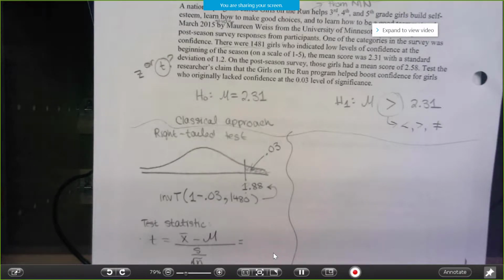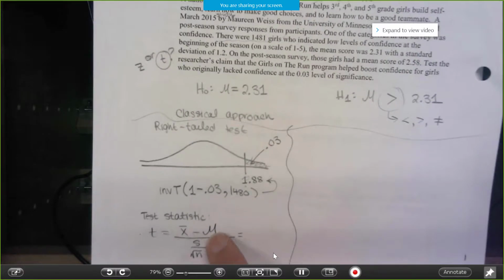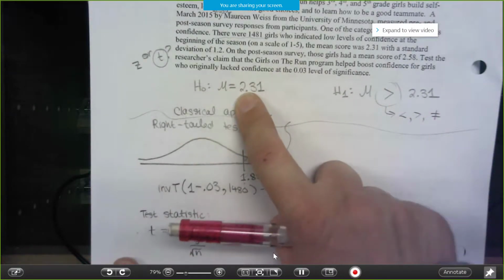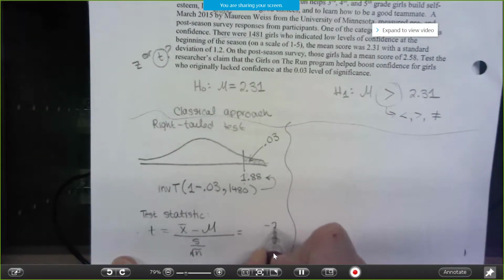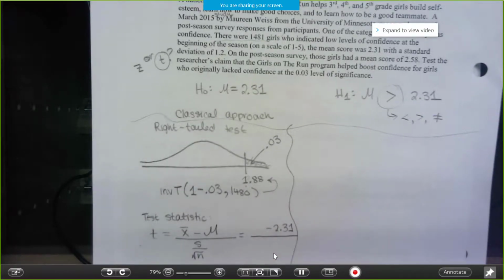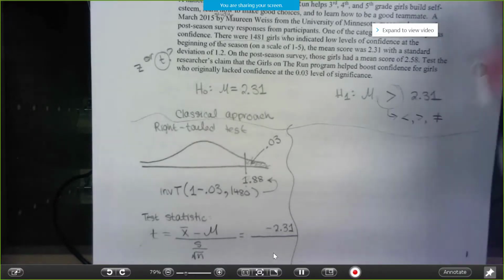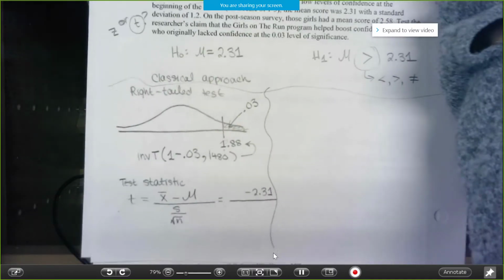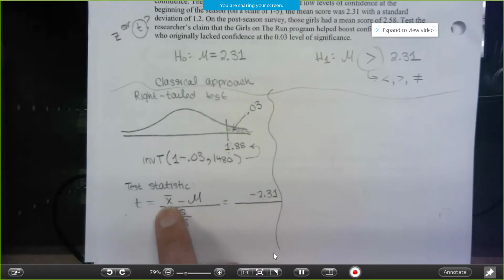1 minus 0.03. You did 1 minus 0.3, yeah. Okay, so the mu is the mu from the null hypothesis. So that's 2.31. What am I going to put in place of x bar? Is x bar means sample average?